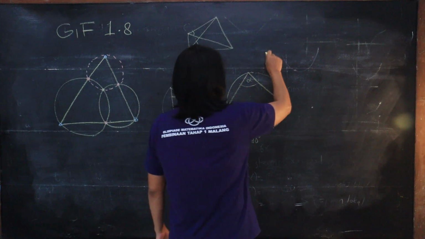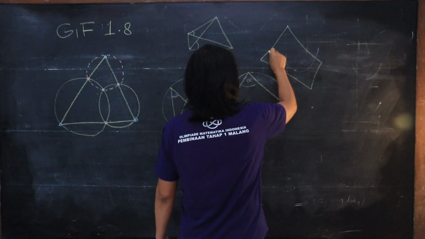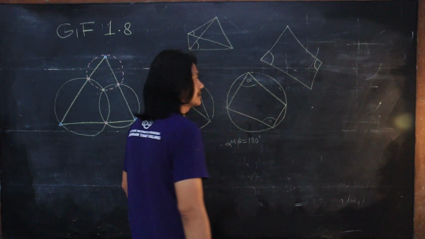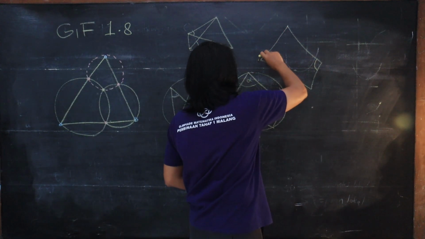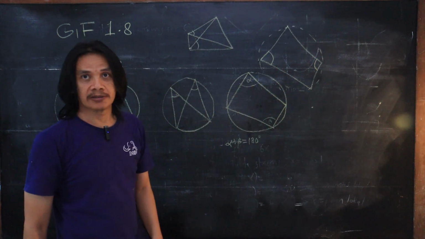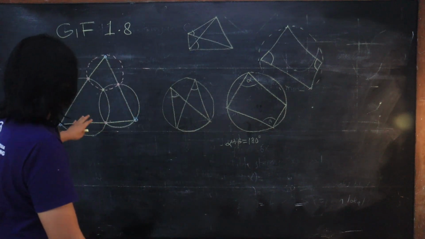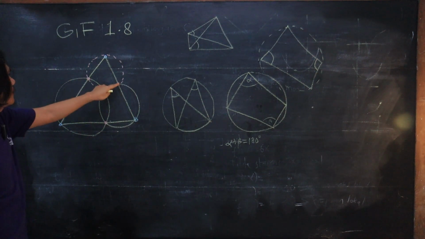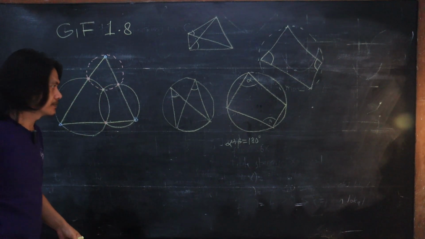If we have some quadrilateral such that that angle plus that angle is 180 degrees, then there must be a circle passing through all the vertices of that quadrilateral. And we are going to use this fact to show that these 4 points belong to the same circle.